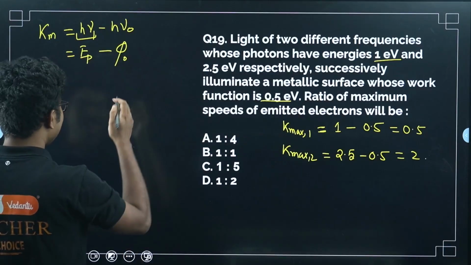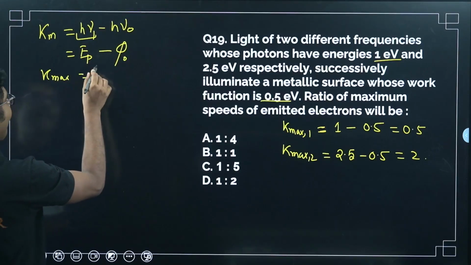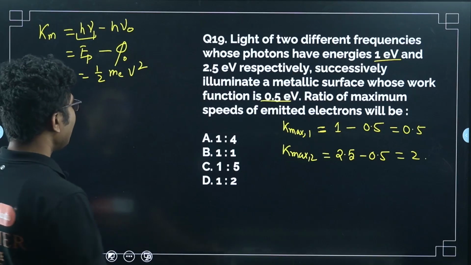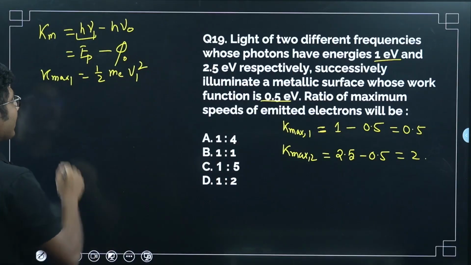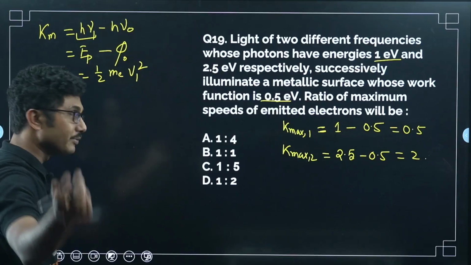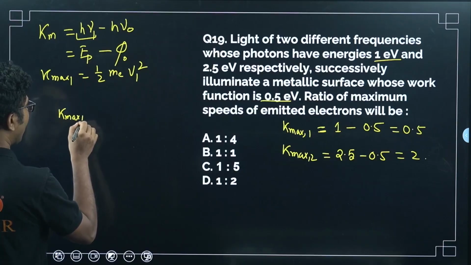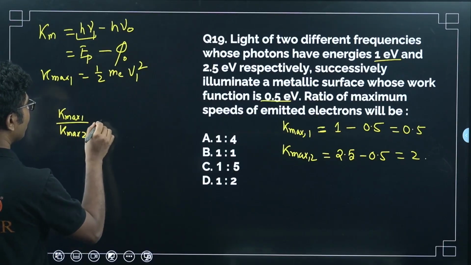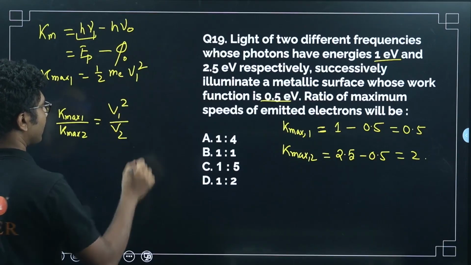Now what is K max? K max is half m of electron v square, right? So K max 1 will be half m v1 square, and K max 2 will be half m v2 square. So basically if I write K max 1 divided by K max 2, that is basically v1 square divided by v2 square.